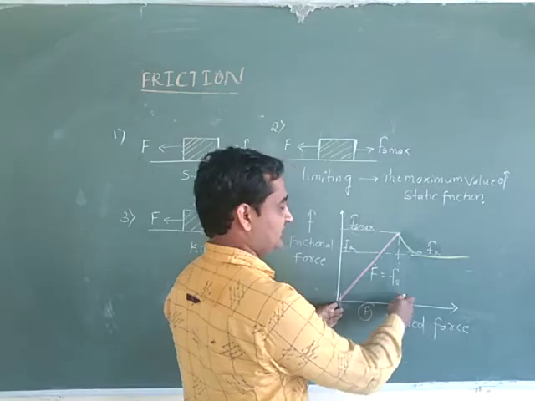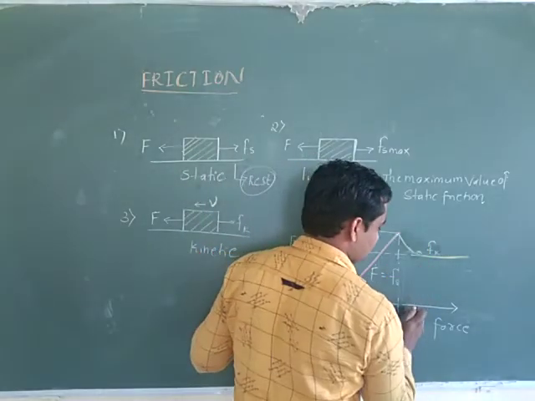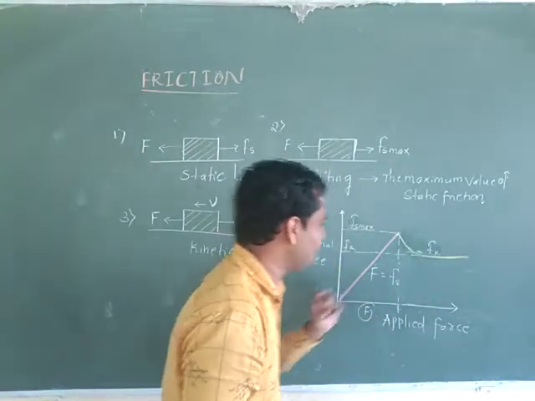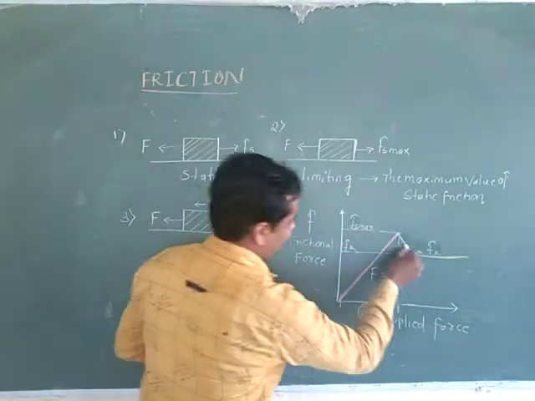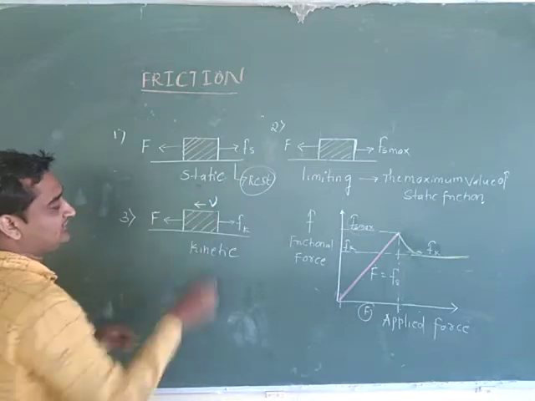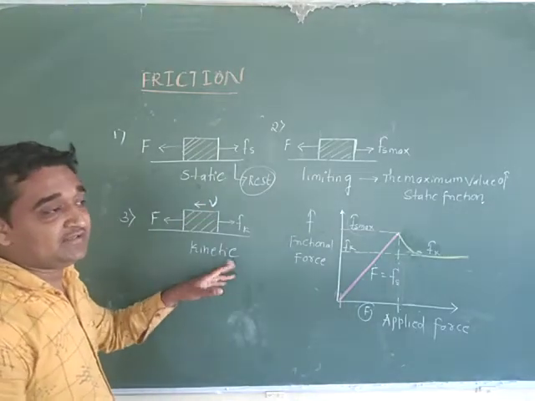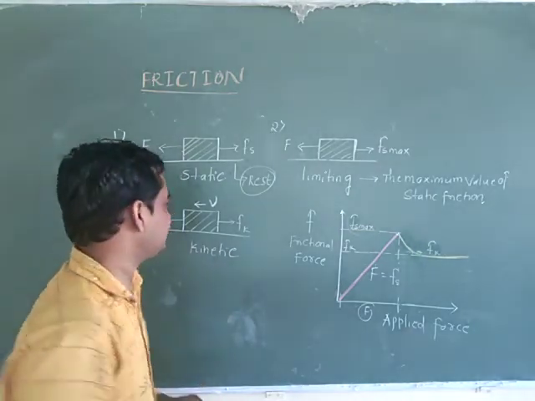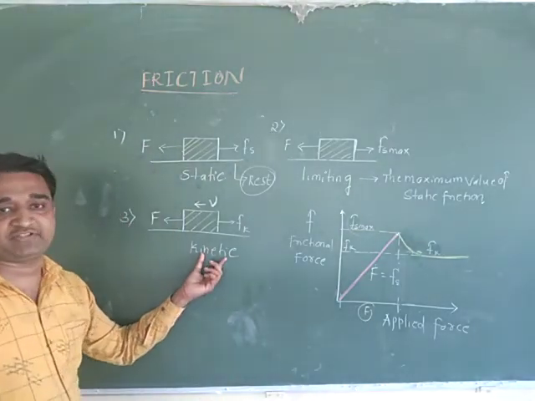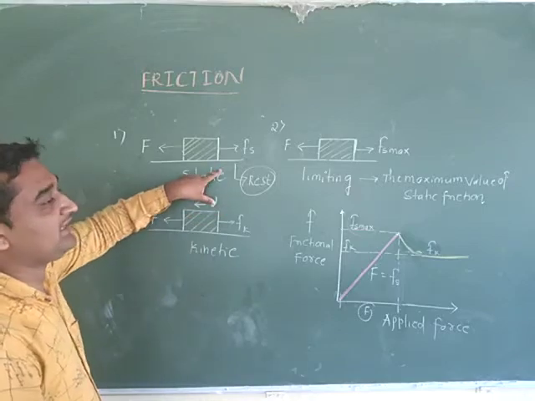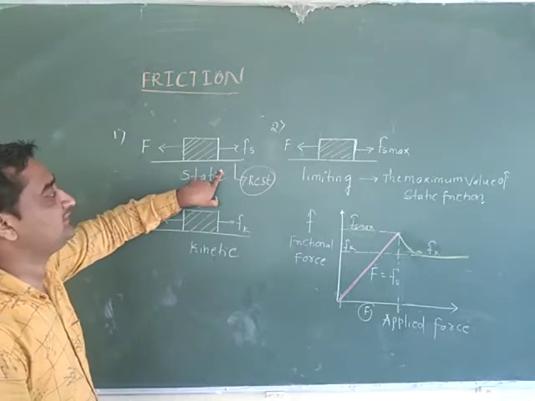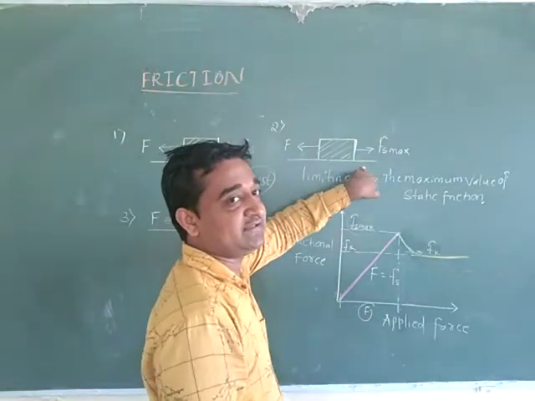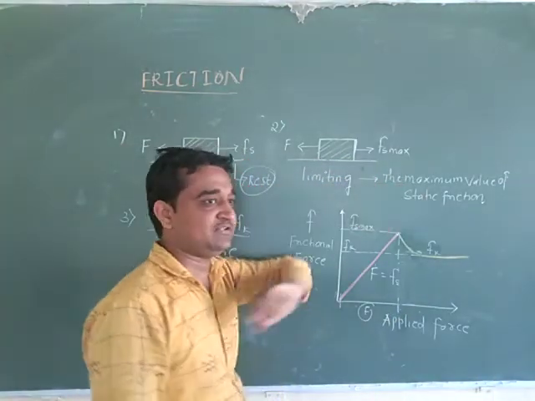Static frictional force is there. After the maximum value of static friction is reached, whatever force you apply, the body starts to move. The body is having the velocity. That we call kinetic friction. When the body starts to move on the surface, the friction then is called kinetic friction, right? When the body is at rest, that is static friction, right? The maximum value of the static friction is called the limiting friction, right?